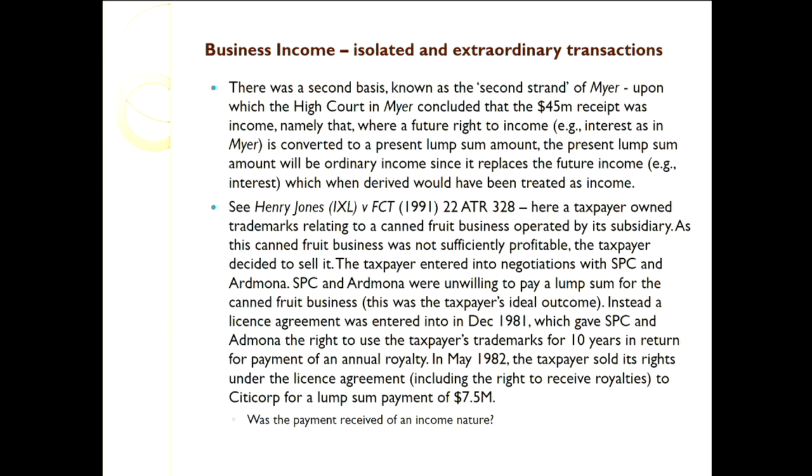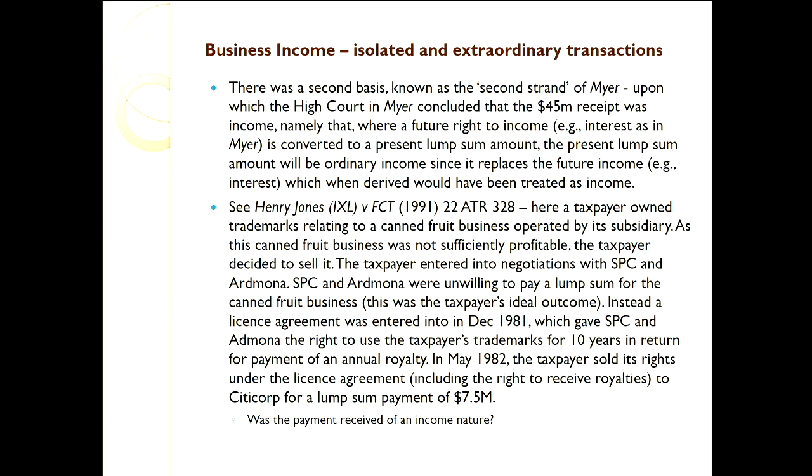Now, the court held as a further basis for the conclusion in Maya that the $45 million lump sum payment is income because what it is replacing is a right to a future income stream, interest, which would be income when received, right? So it's the compensatory principle.